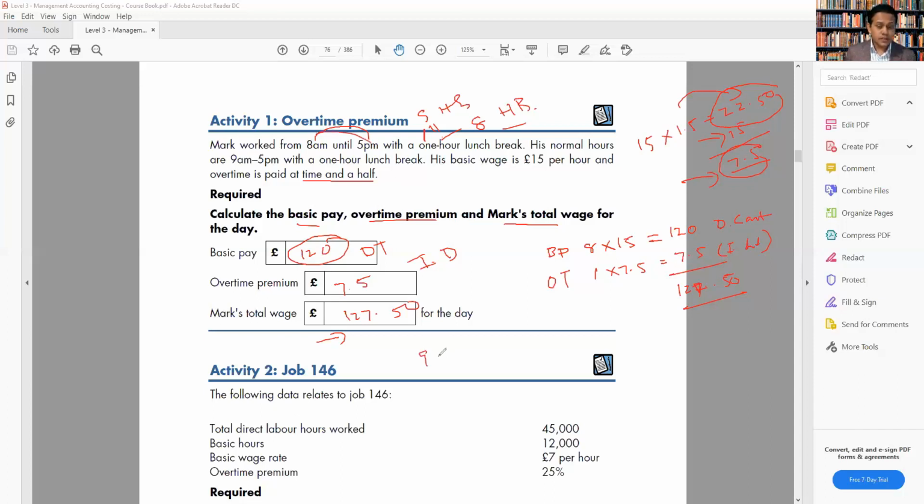From 9 hours, if you minus 1 hour, how many hours are left? 8 hours. So you times by 15, that's the basic pay. And for 1 hour of extra working, the overtime is 7.5. He's getting an extra only 7.5. So this is basically the overtime. He's supposed to work 8 hours every day, 9 to 5, not 9.